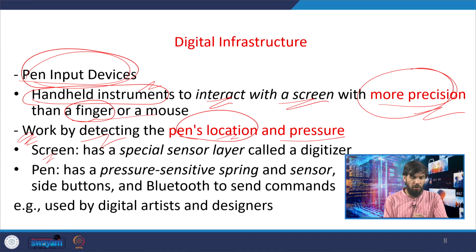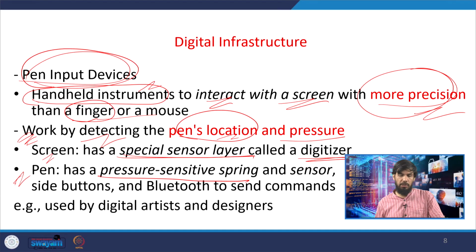What is the underlying technology? First, the screen, as we have already talked about, has a special sensor layer called a digitizer. That screen should support the touch pressure. Then the pen will have a pressure sensitive spring and a sensor to measure the pressure that we are applying onto the screen.